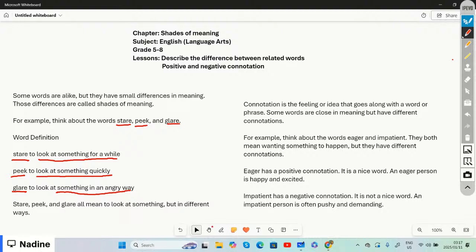Or even when he touched my stuff without my permission, it's like, oh, I can't do anything. But you're pulling your face, your nose is getting bigger, you are sighing, you are glaring at him. Yes, well done. We're learning shades of meaning. And we said we have negative connotations and we have positive connotations.